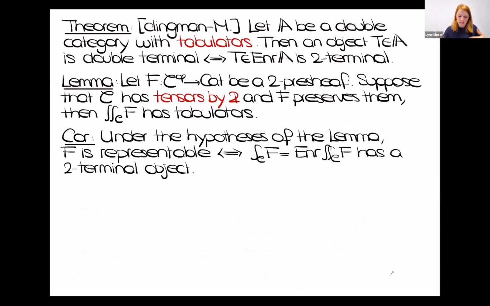And so under the hypothesis of this lemma, you can show that a 2-presheaf is representable if and only if its strict 2-category of elements has a 2-terminal object. So now we're back to the first construction, and we're actually saying that in some cases, this is enough to formulate the representation theorem.